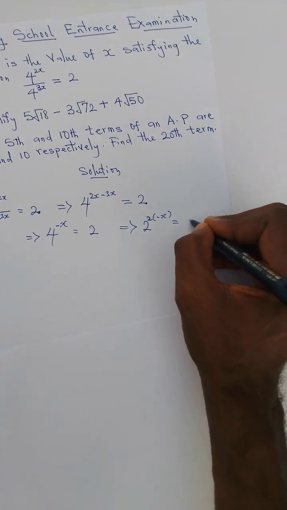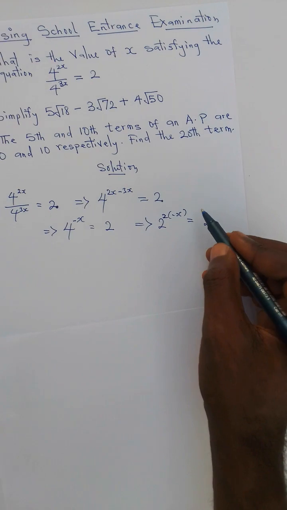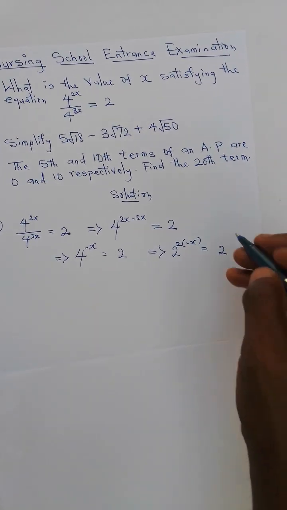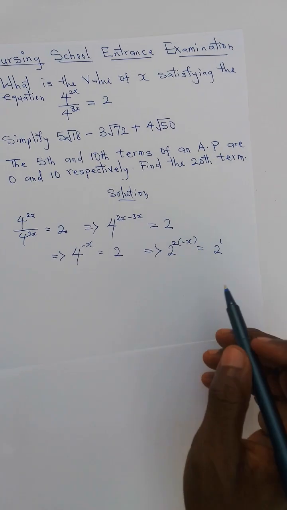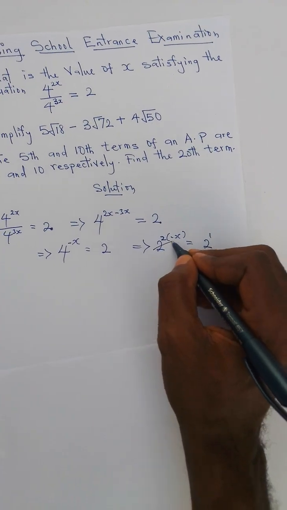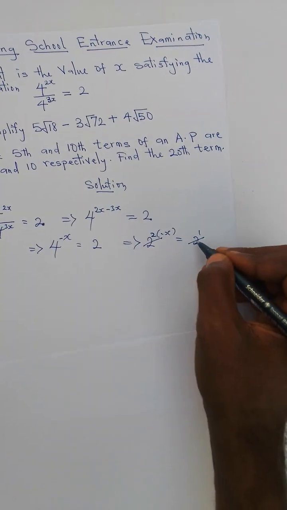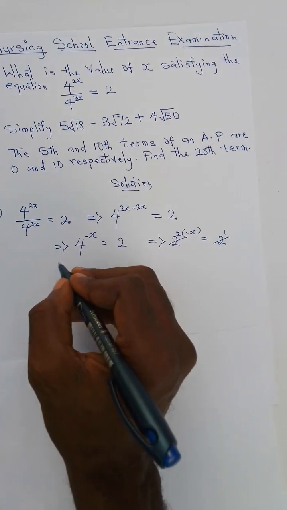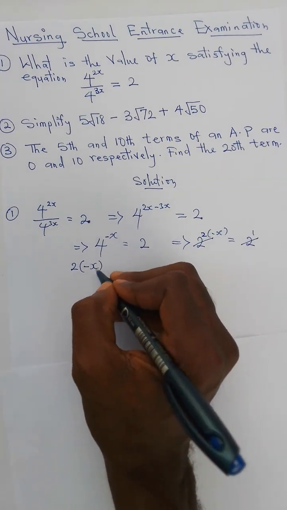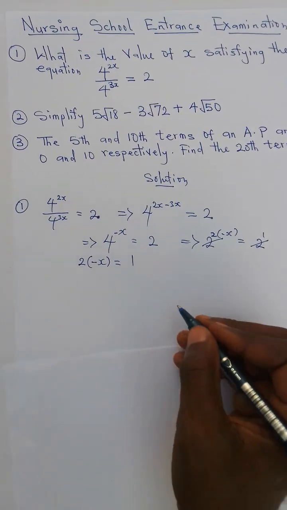So that is equal to 2. Now, every number is raised to power 1. So we can raise this 2 to power of 1. Then we can use equating indices by cancelling this base. These 2 cancel these 2. So we are going to be left with 2 bracket minus x equal to 1.